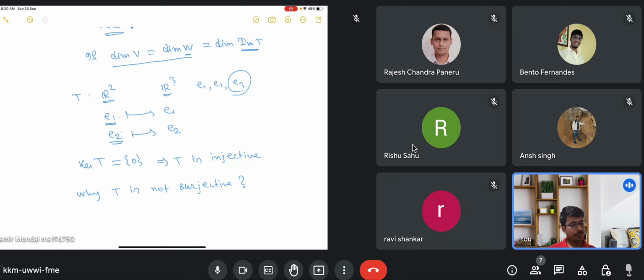So by the rank-nullity theorem, when the domain and codomain are the same dimension and the kernel of T is 0, then T is bijective.